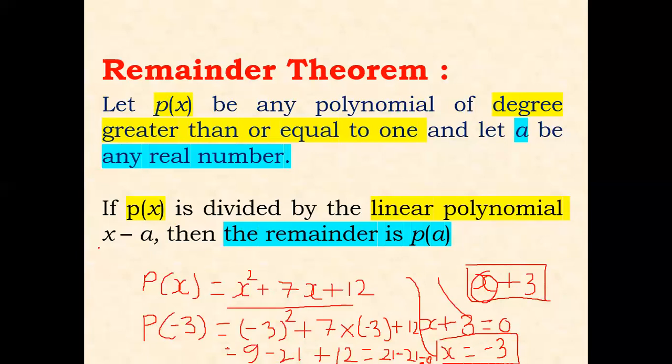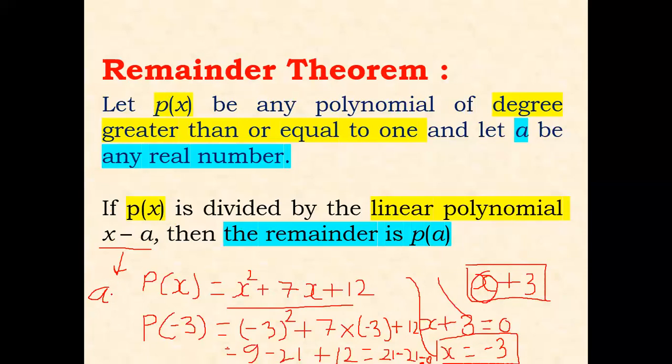Similarly, x minus a has the zero a. What is the zero of x minus a? It is a, because the value a makes it 0. If you put a in place of x, it will be a minus a, which is 0. So that's why a is put here in P(x).